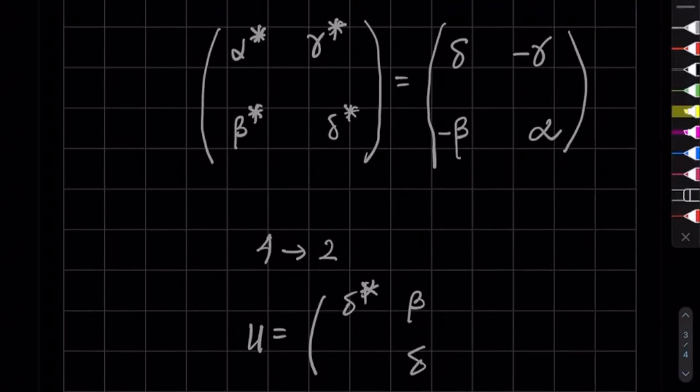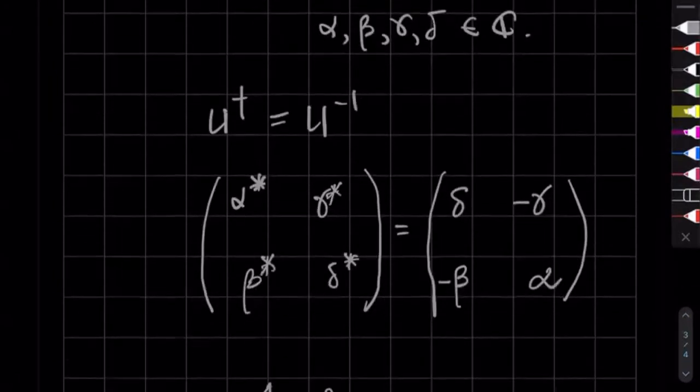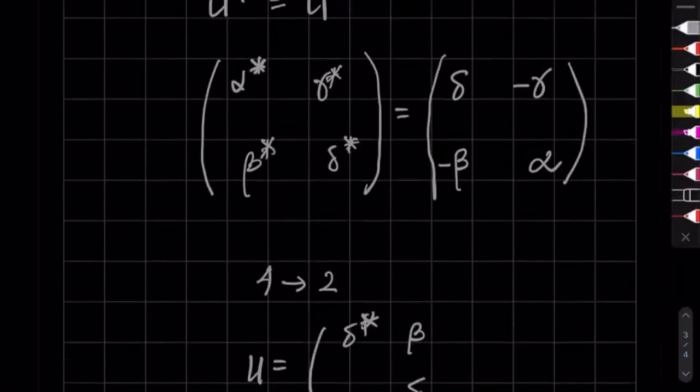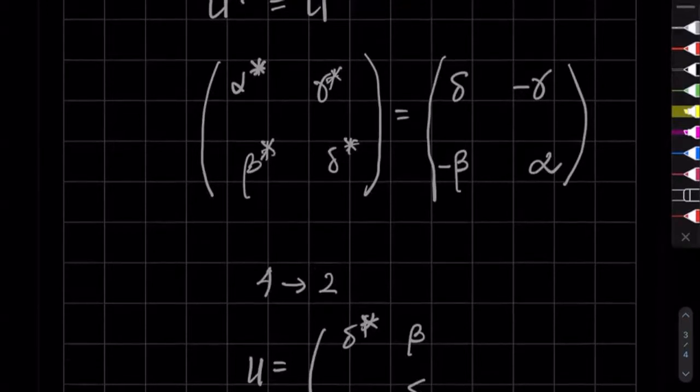You didn't transpose it. Yeah, you're right, exactly. Oh, okay. So you're saying that this should be minus gamma, and this should be minus beta, right?